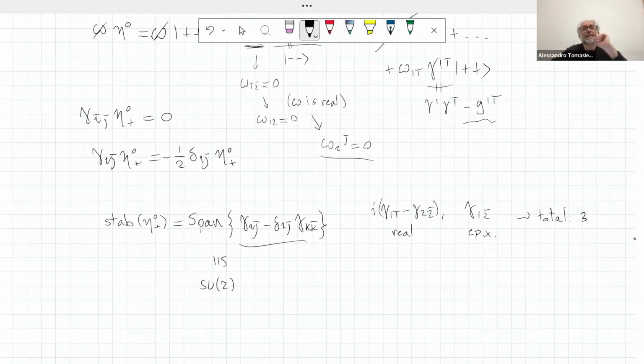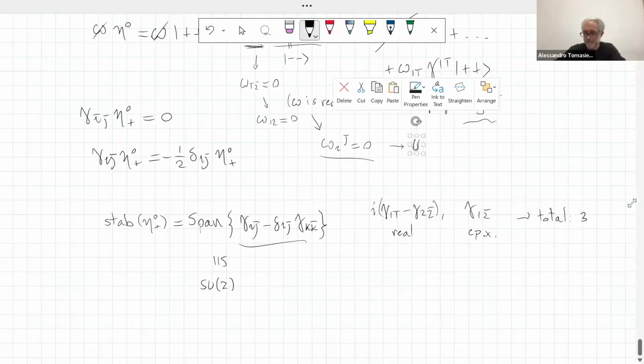So you see that this infinitesimal rotation doesn't mix a complex index with a non-complex index. And this already tells us that we expect this matrix to be in U2.